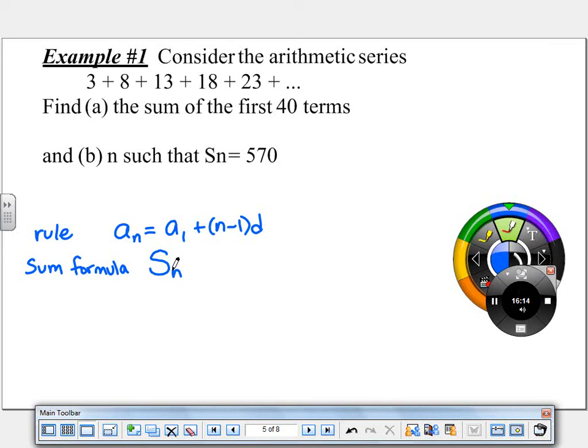Unlike sigma, if this said S sub 5, I would think it meant the first 5 terms, from 1 all the way to 5. This is just giving me the stopping point. I would assume I'm starting with the first term. With sigma, you only start with the first term if 1 is the number at the bottom of the sigma sign. If they change it, then you have to change it accordingly.